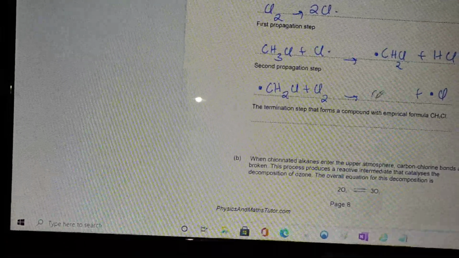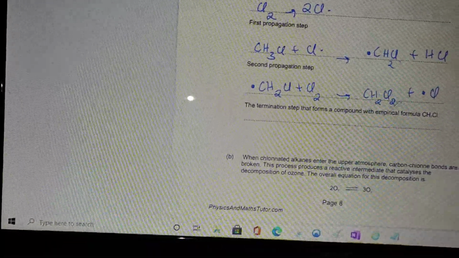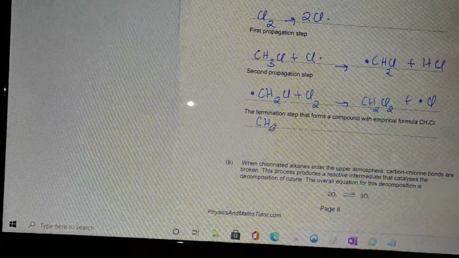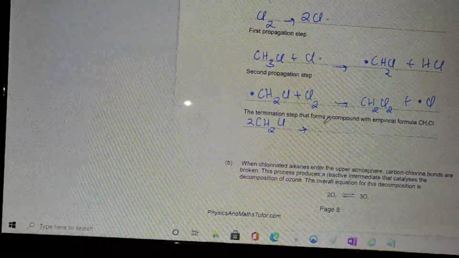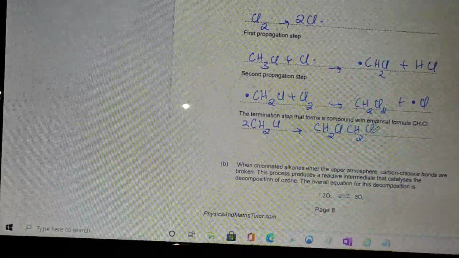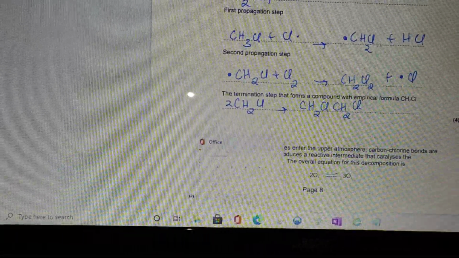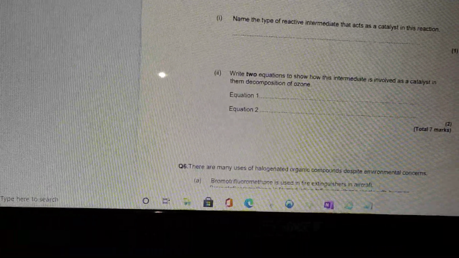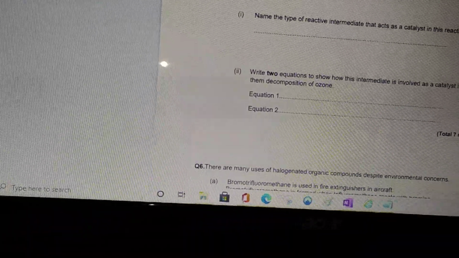Remember? And the final termination step, which can occur, okay, relatively simple. Next question.